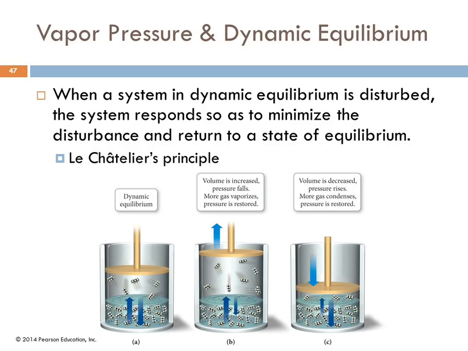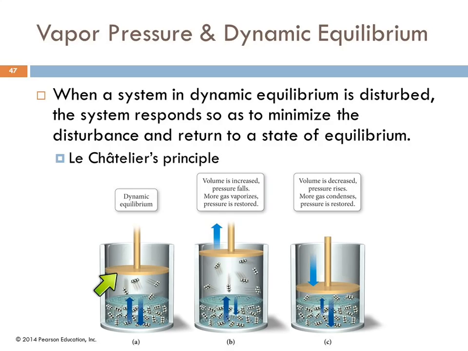When we have a dynamic equilibrium, Le Chatelier's principle says that it will respond to a disturbance in an attempt to restore its state of equilibrium. So basically you can think of it as the equilibrium fights back against any changes you impose on it.